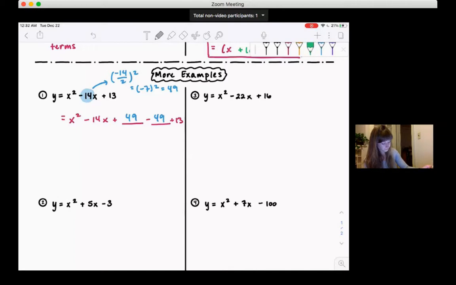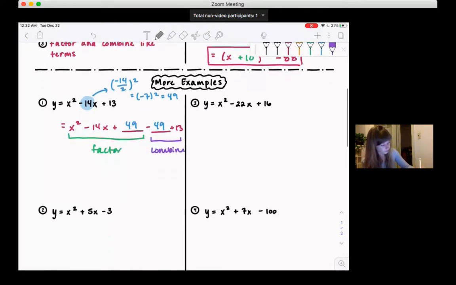All right. Once we figured out what we add and subtract, we're going to factor the first three terms, just like we did in our last lesson, and then we're going to combine the like terms at the end. We know our shortcut that the factors will always be this middle number over 2, or we can look for two numbers that multiply to 49 and add to minus 14.